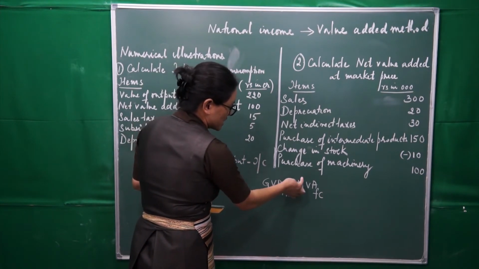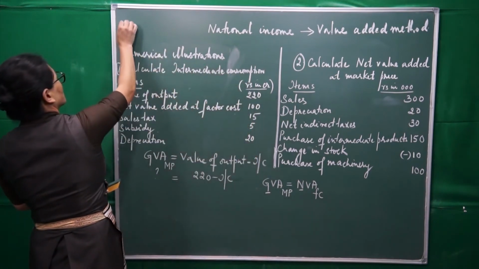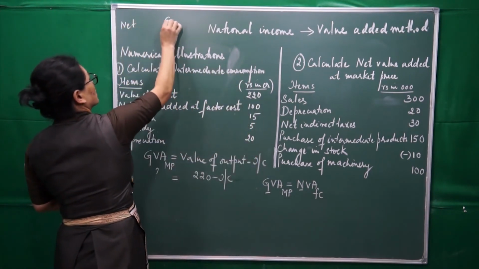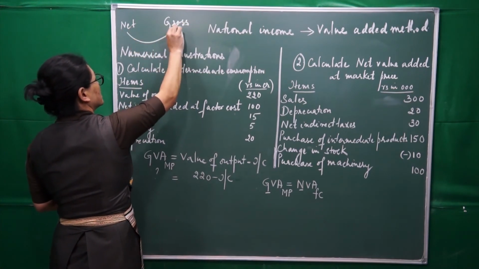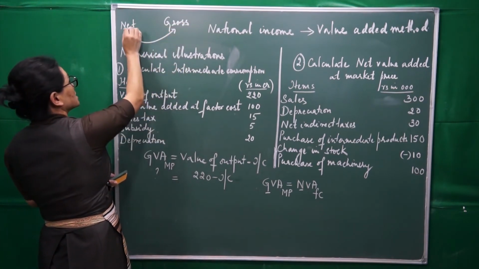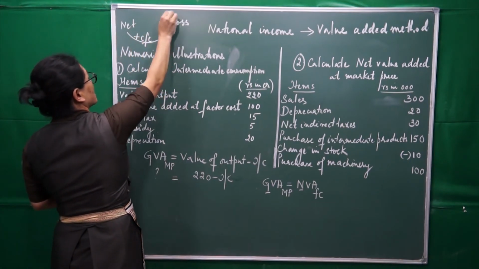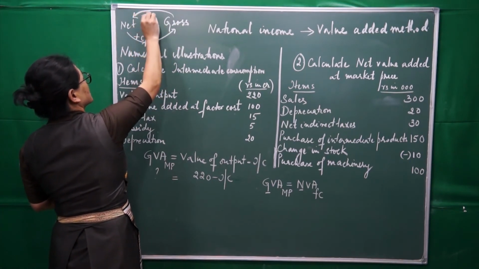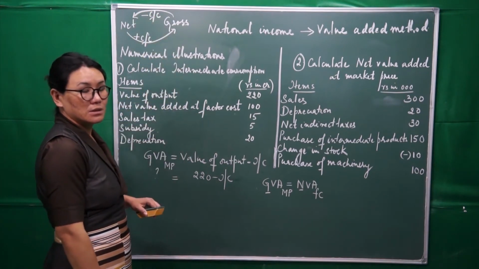So we have to convert net into gross. Remember, net and gross conversion. What is required here? CFC, right? So net add CFC to get gross, and from gross deduct CFC to get net, right?